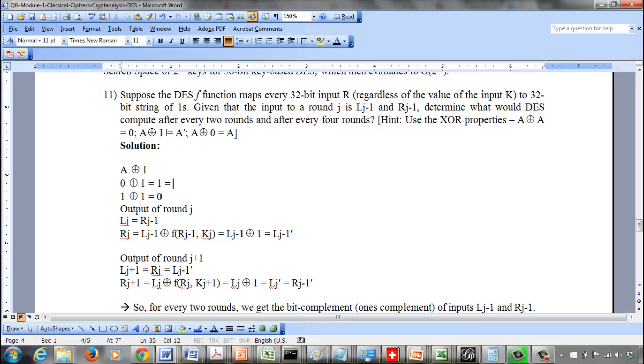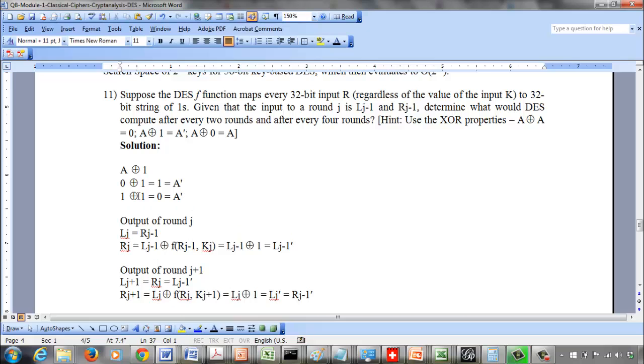So this is the same as A complement. That's why A XORed with 1 is simply A complement.